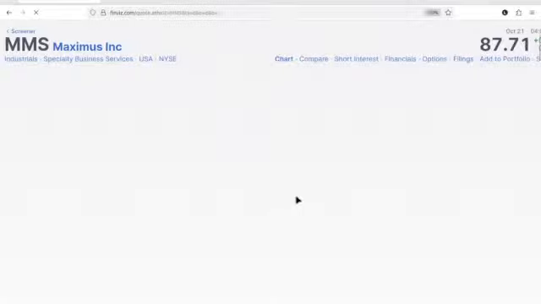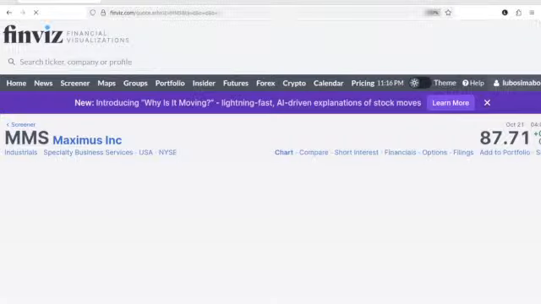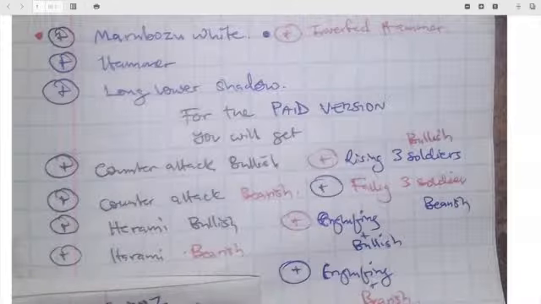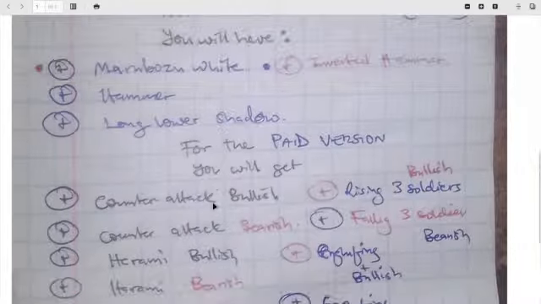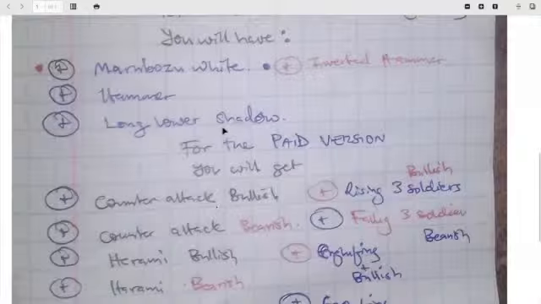This one's called MMS. Now, I want you to remember that on the paid version, you will get more candlestick patterns. Right now, we're focusing on the long lower shadow, so that's the one you don't want in the paid version.